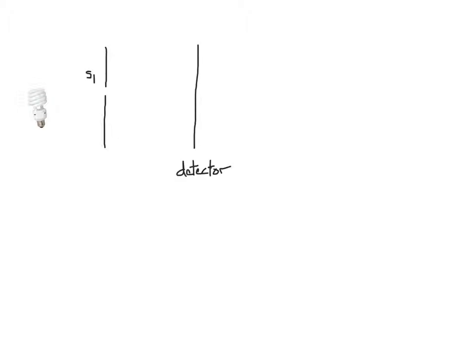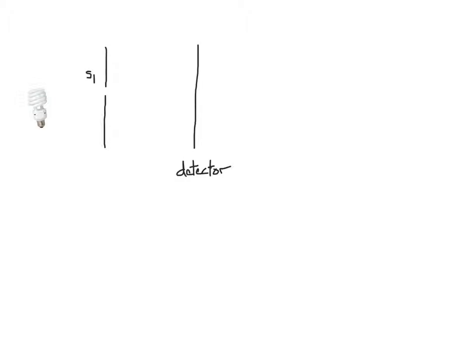In the double-slit experiment, photons or other small subatomic particles propagate through two slits next to each other, which I'm going to label S1 and S2, and then those wave particles are detected over on another screen, and the way they propagate through the two holes implies that they have wave-like properties.